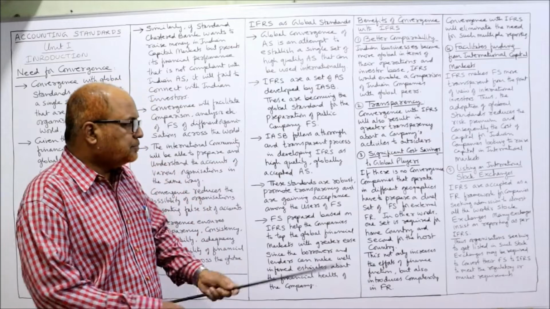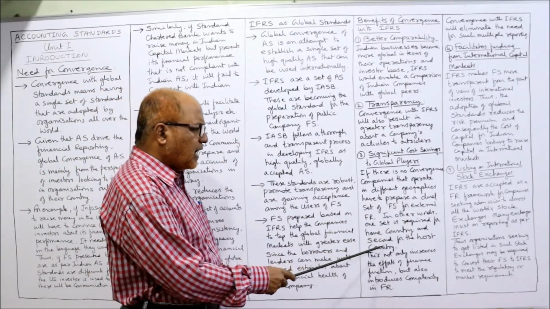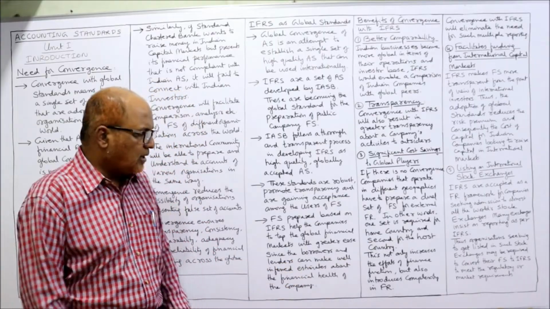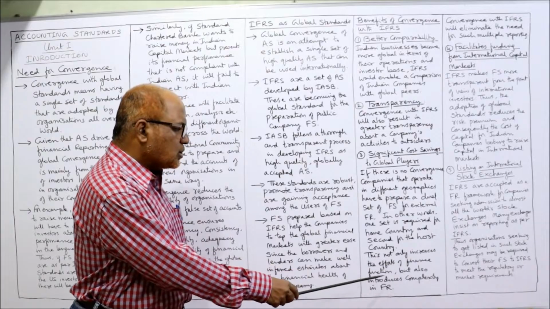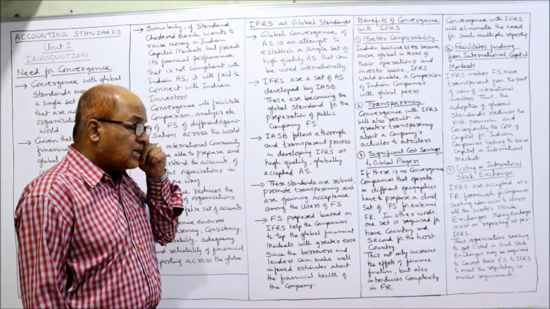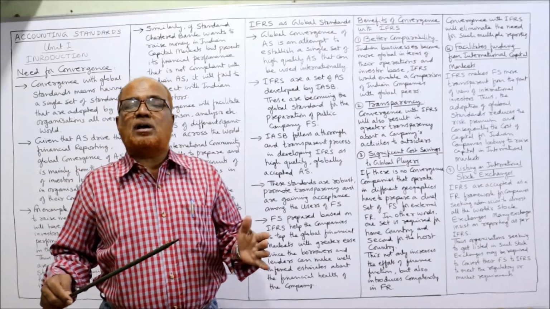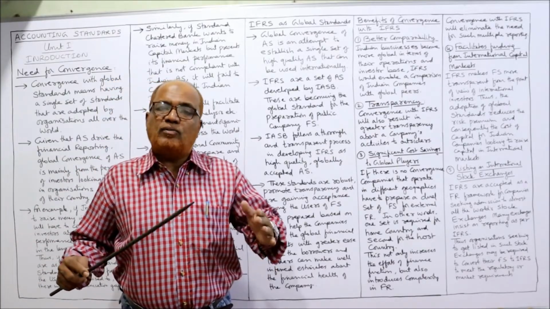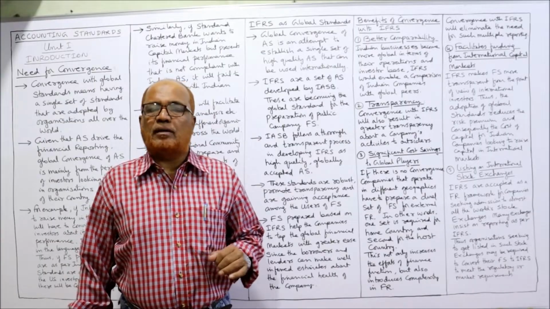Two sets. So in other words, one set is required for the home country and the other set for the host country. This will not only increase the efforts of the finance function but also introduce complexity in financial reporting. If two sets of financial statements are prepared, first of all, it will be costly. The cost effectiveness will not be there.